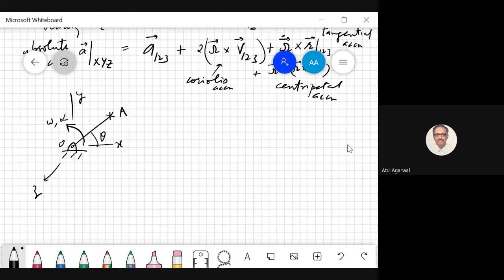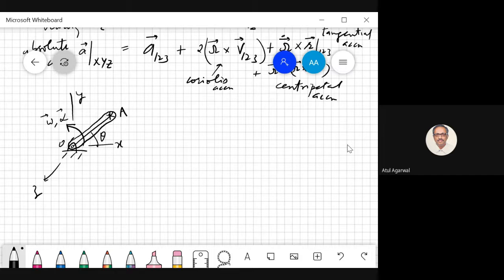Angular acceleration is alpha. So this is a bar spinning about the z-axis, with angular velocity omega and angular acceleration alpha.